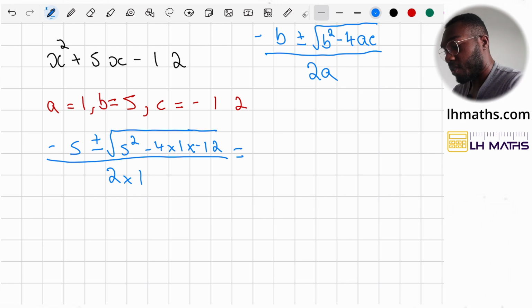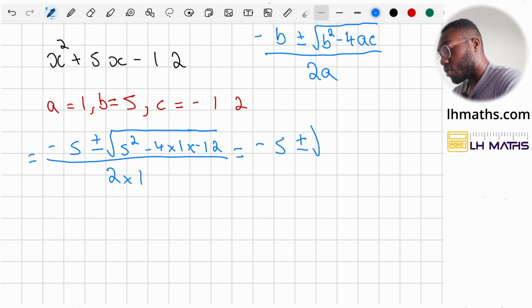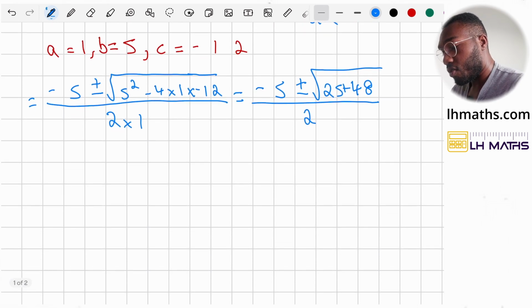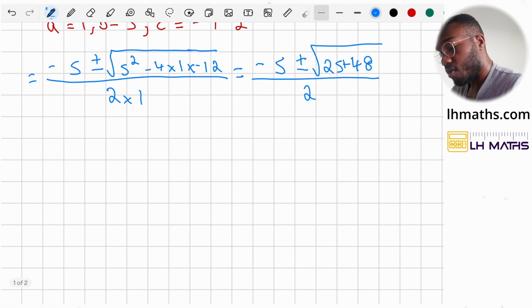So, if we simplify this down now, we have a minus 5 plus or minus the square root of 25. That is a minus 4 times a 1, which is minus 4, times a minus 12, which is 48. And that is divided by 2 times 1, which is 2. Okay? So now if we simplify this down a bit more, we get minus 5 plus or minus the square root of 73.